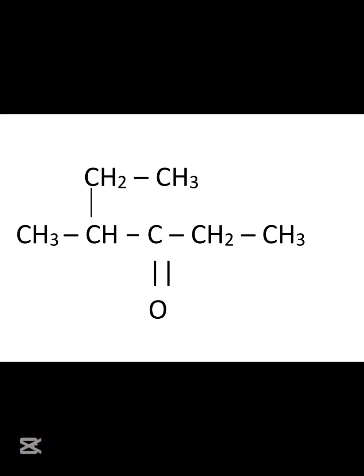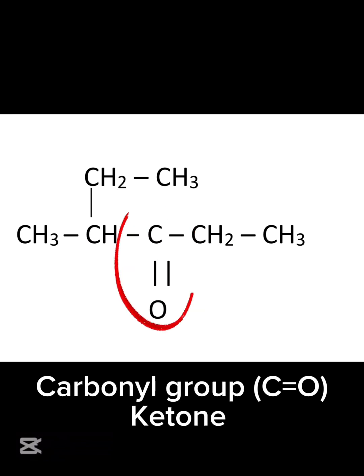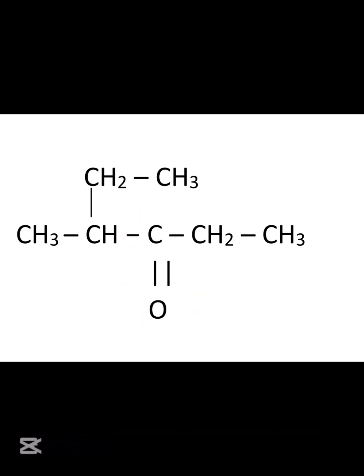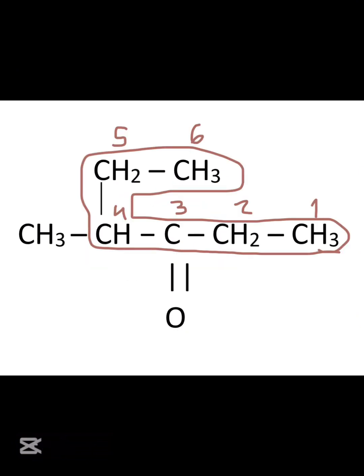Okay, for letter C, we identified that it belongs to the carbonyl group and it's a ketone. Carbonyl group consists of a carbon atom double bonded to an oxygen atom. It's a ketone because the carbonyl group is bonded to 2 other carbon atoms. Now we have to identify the parent chain, and we have to number starting by the carbon atom closest to my carbonyl group.